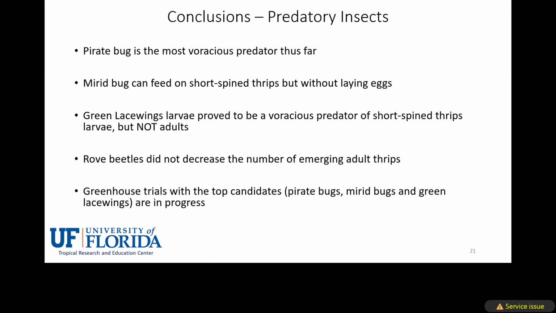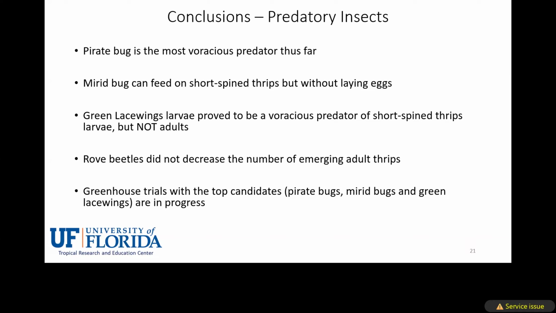So as a conclusion here, we could verify that indeed in the lab experiments, the pirate bug seems to be the most voracious predator that we have so far. But the mirrored bug can also feed on the short spined thrips, but they don't lay eggs. While the green lacewing larvae proved also to be a voracious predator of the short spined thrips, but they liked the larvae, they didn't like the adults.